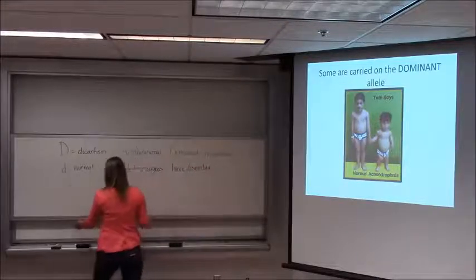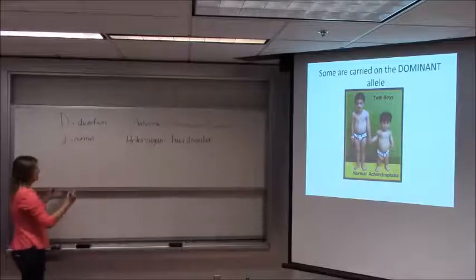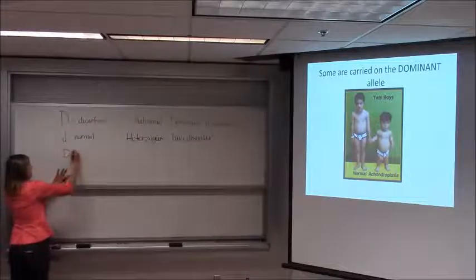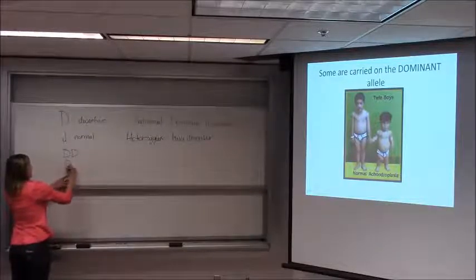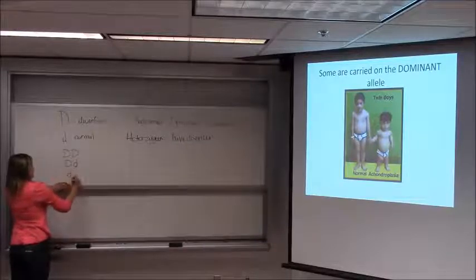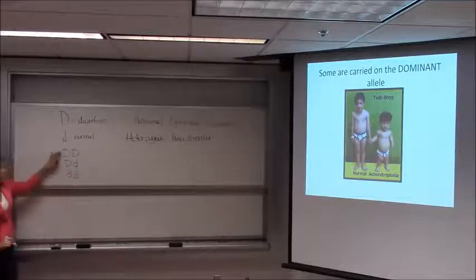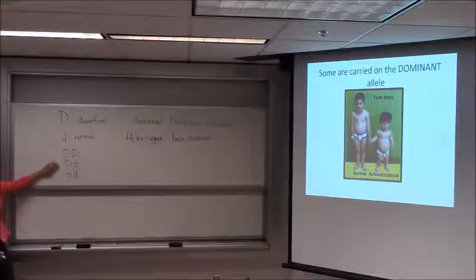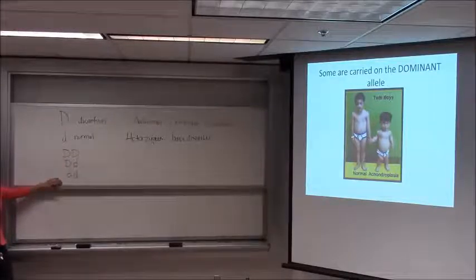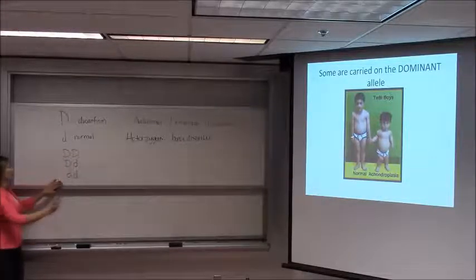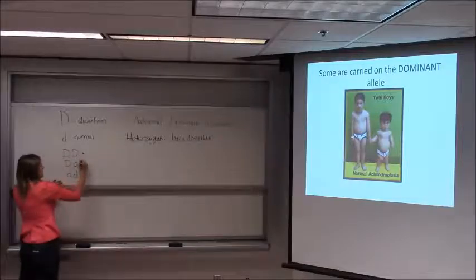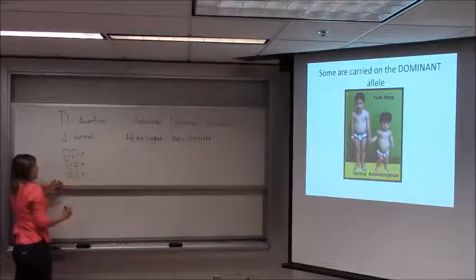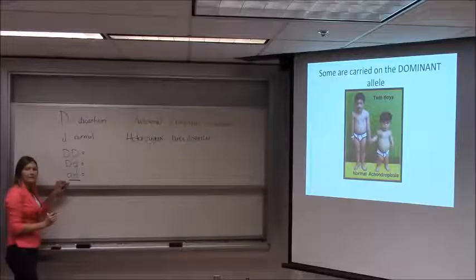So in this case, here are the possible genotypes. Just as before, homozygous dominant, heterozygous, homozygous recessive. So these are our possible genotypes. Let's look at the possible phenotypes. Little d in this case is normal.